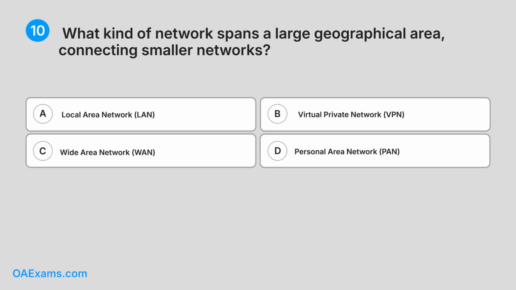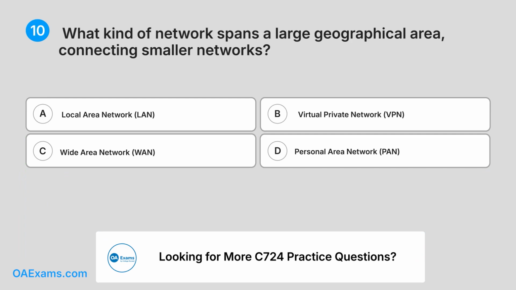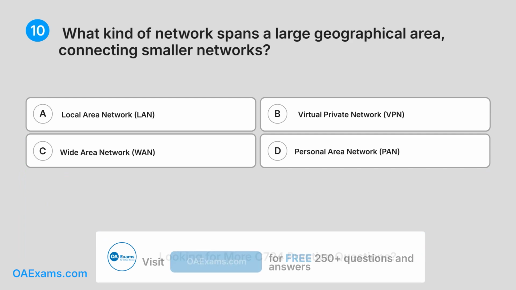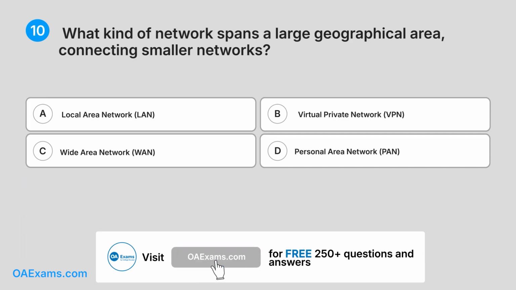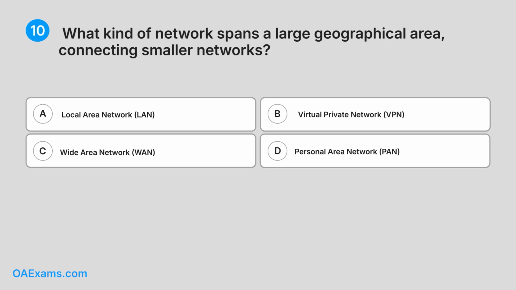10. What kind of network spans a large geographical area, connecting smaller networks? A. Local area network, LAN. B. Virtual private network, VPN. C. Wide area network, WAN. D. Personal area network. What do you think is the answer?